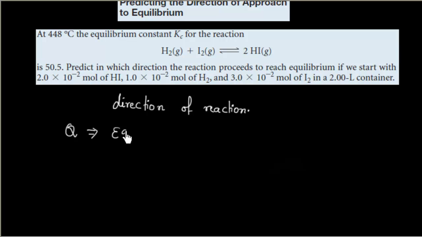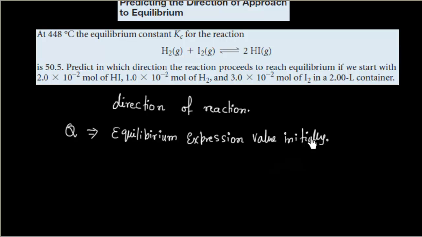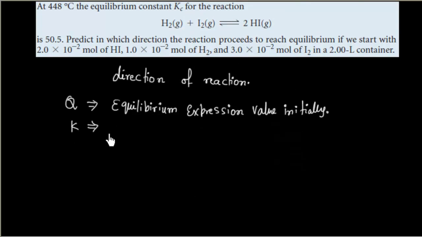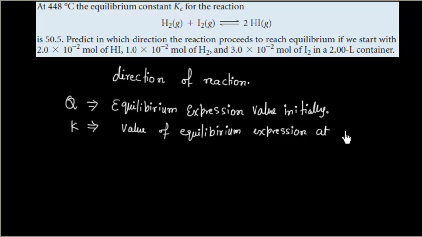So this is basically the equilibrium expression value initially, and now K is the value of the equilibrium expression at equilibrium.